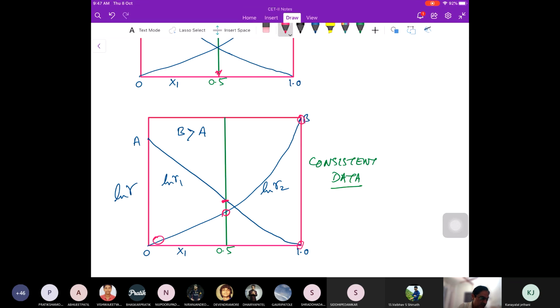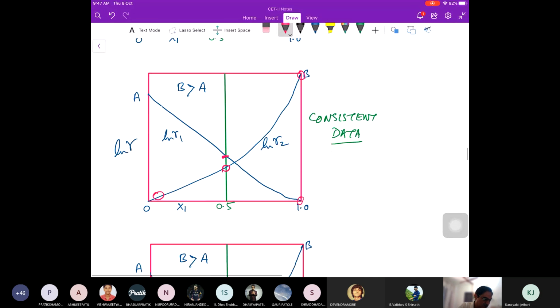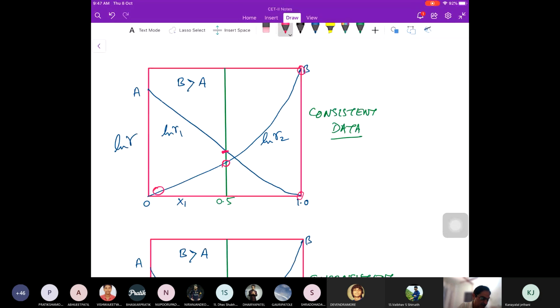Then only that condition will be satisfied, that this is equal to 1/4 the terminal value. This is basically from geometry. We don't have the proof of this here. We have to take it that this is the only way the data will be consistent, if this value at the midpoint is higher than this value at the midpoint.